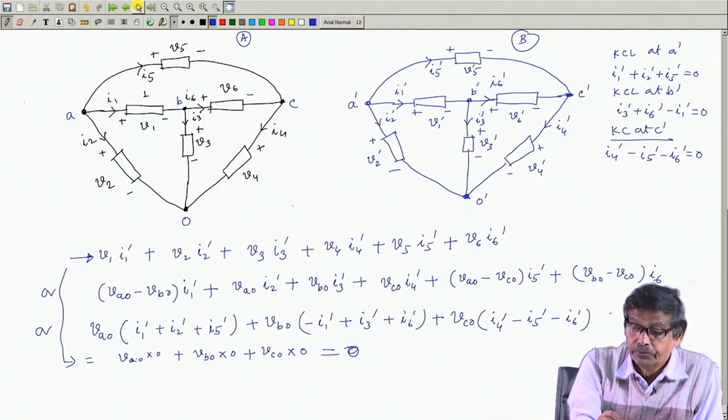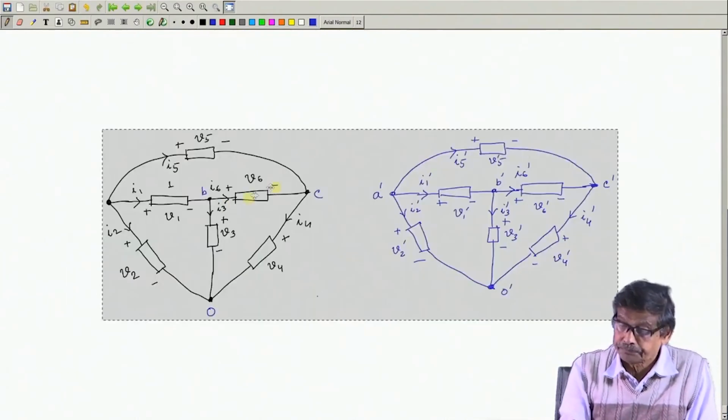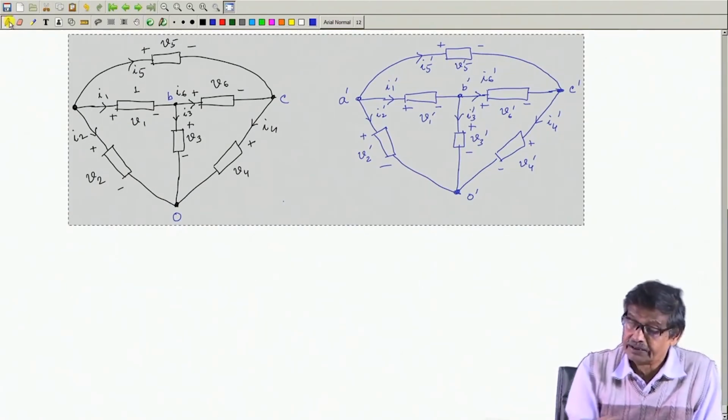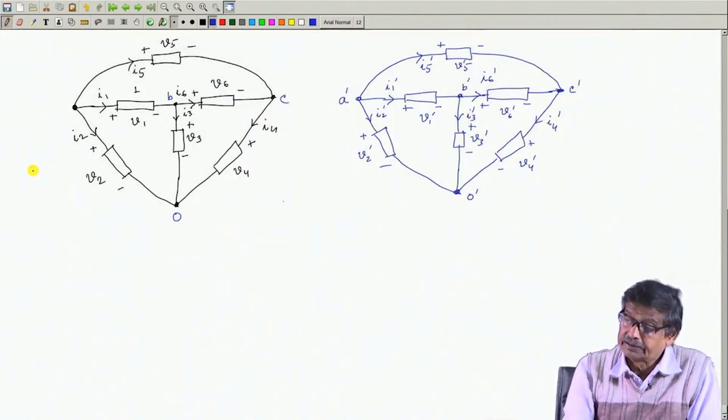Similarly, I could do, which is just a few lines I will write because it is necessary.